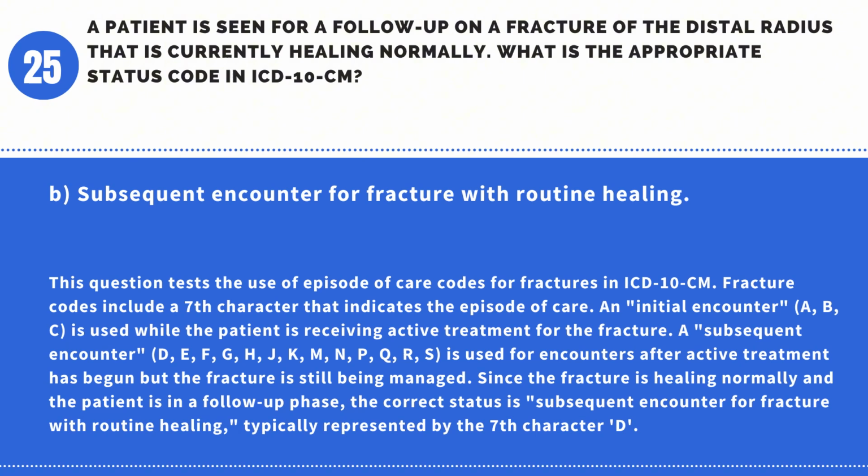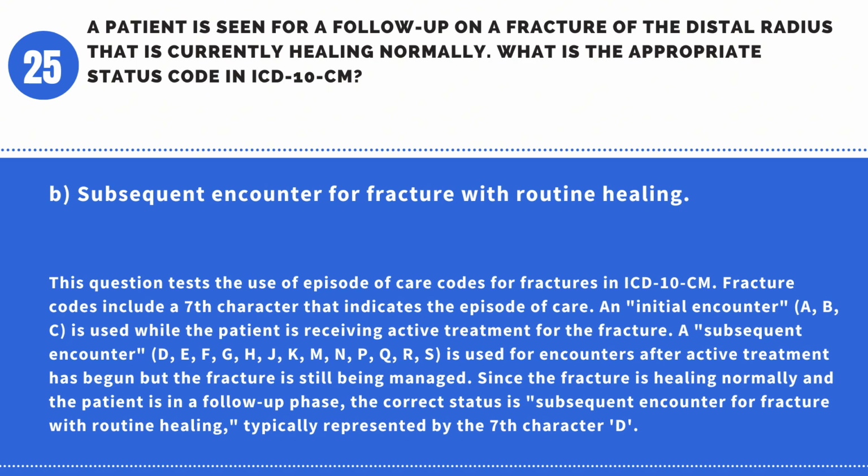This question tests the use of episode of care codes for fractures in ICD-10-CM. Fracture codes include a seventh character that indicates the episode of care. An initial encounter, A, B, C, is used while the patient is receiving active treatment for the fracture.